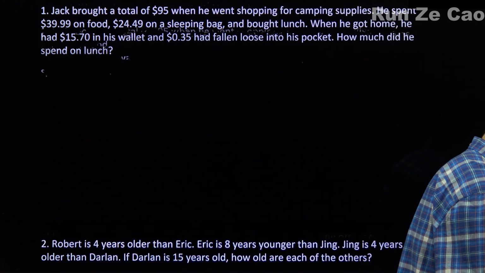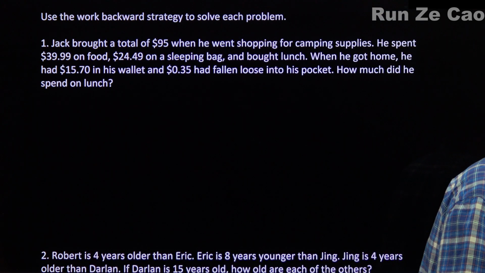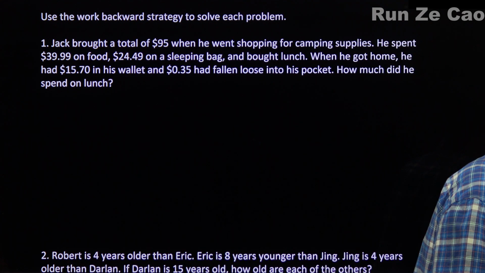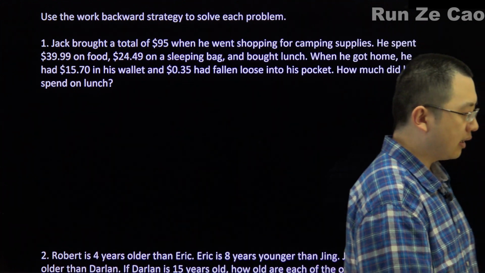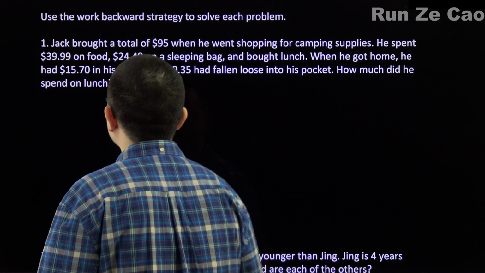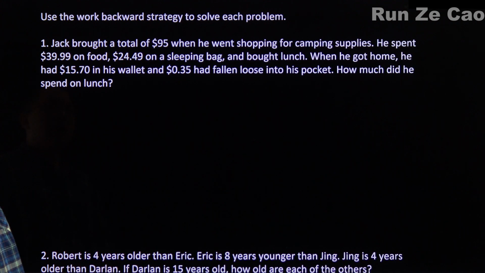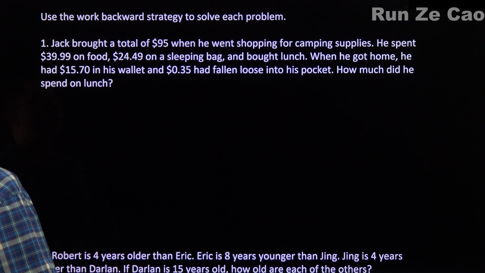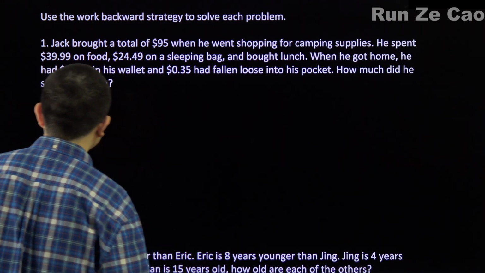Jack brought a total of $95 when he went shopping for camping supplies. He spent $39.99 on food, $24.49 on a sleeping bag, and bought lunch. When he got home, he had $15.70 in his wallet, and 35 cents had fallen loose into his pocket. How much did he spend on lunch?